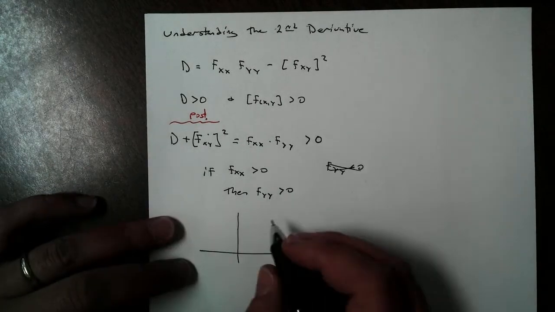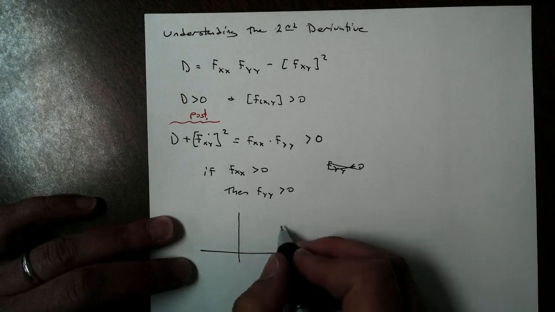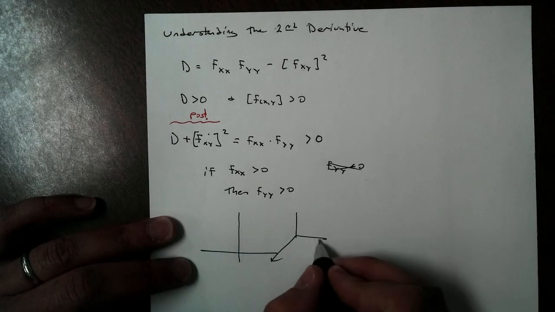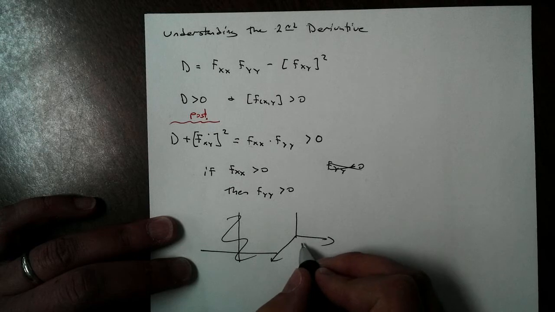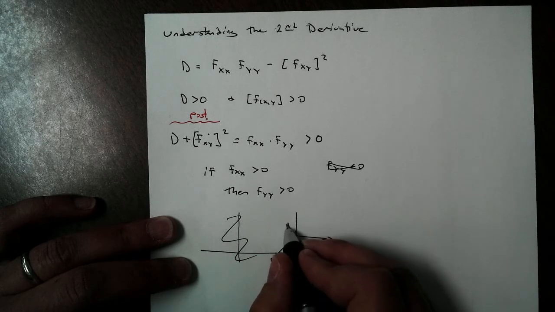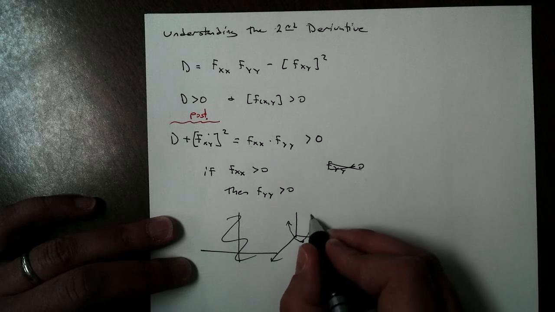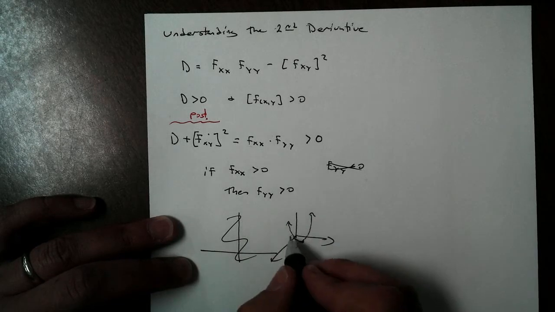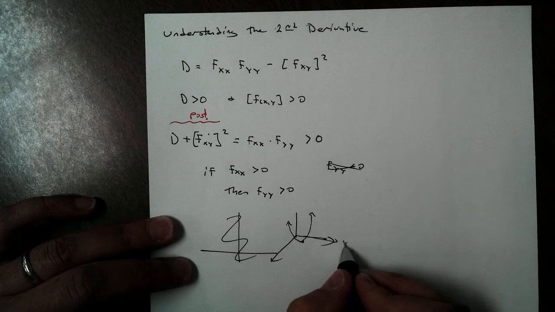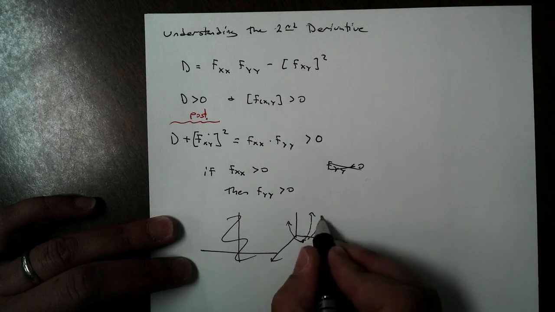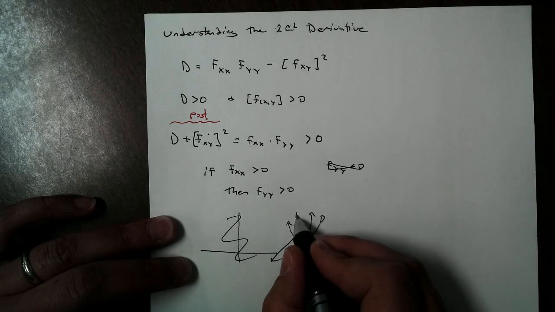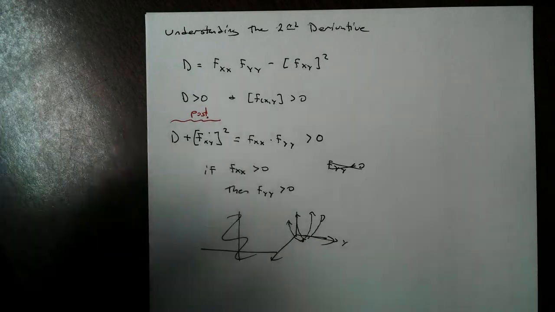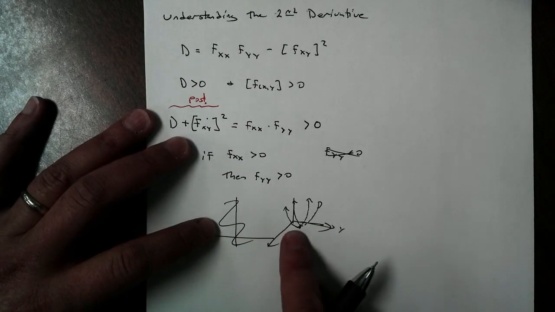Remember, these are only our critical points. So let me see if I can draw this in 3 dimensions instead here. There we go. If I'm at my critical point, well, my partial with respect to x is going to be positive. So it's going to be concave up. My partial with respect to the y direction is also going to be concave up. Remember, we've already established these are critical points.